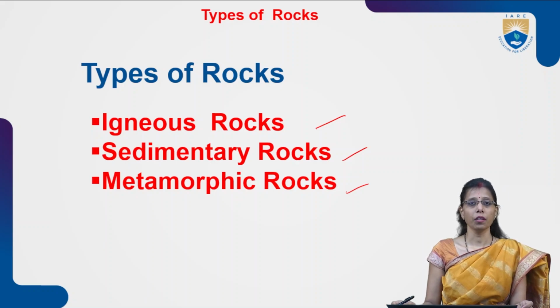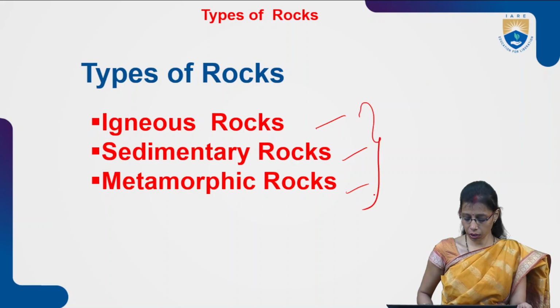Lava and magma are the two things where the rock is formed after the cooling of the lava or the cooling of the magma. That all depends on the type of cooling and accumulation. We will discuss all the rocks one by one.